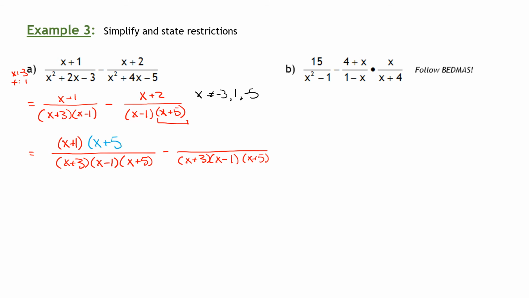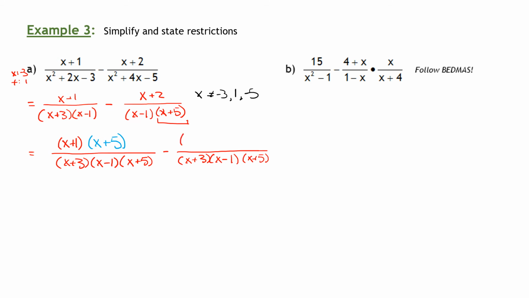And again, what that means is this x plus 5 over x plus 5 is equal to 1. So if I canceled, I'd be right back where I started. That shows me that what I've done is good because everything is still equal. Sometimes we put it in the denominator and we forget to put it in the numerator. So make sure you put it in both.